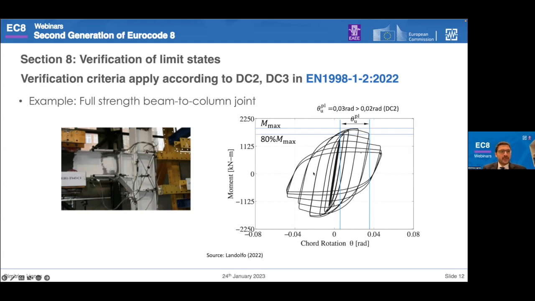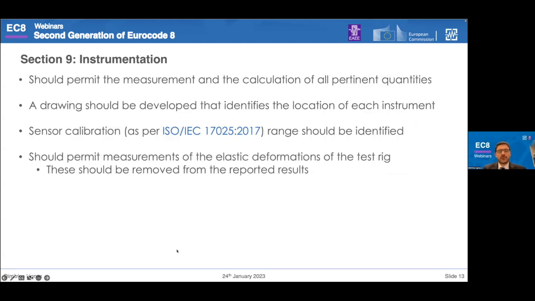So in all this, instrumentation is very important. In that section, essentially, instrumentation should permit the measurement and the calculation of all pertinent quantities. This should include a drawing that identifies the location of each sensor, which should be calibrated as per international standards, and the range of each sensor should be clearly identified.